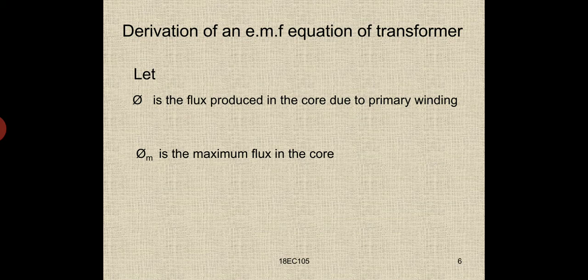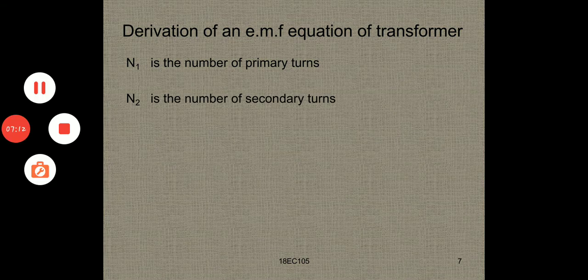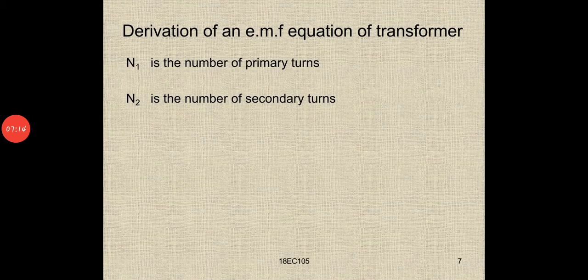Then phi m is the maximum flux in the core under any situation, because we are talking of a variable flux or a variable voltage. And phi m, that is the maximum flux in the core, will be equal to Bm into A. A is the cross section area, and N1 is the number of primary turns, and N2 is the number of turns in the secondary of the transformer coil, and then f is the frequency of the supply.